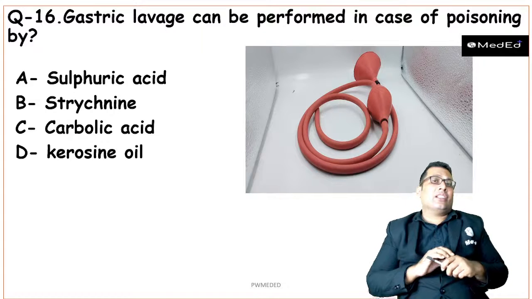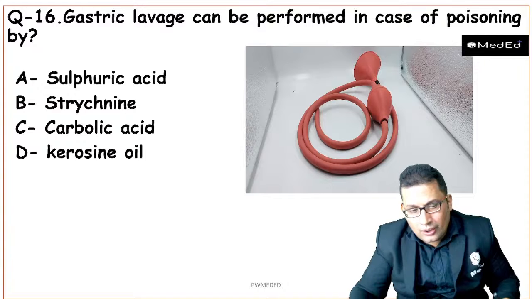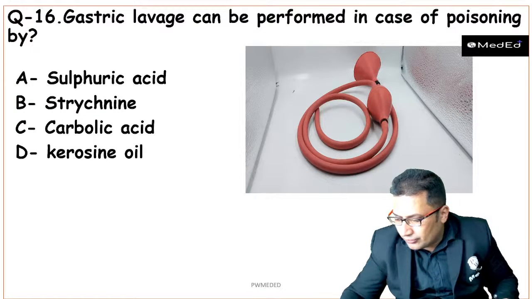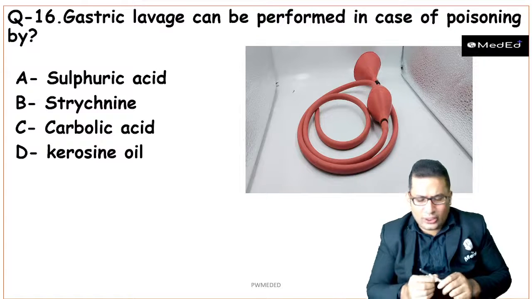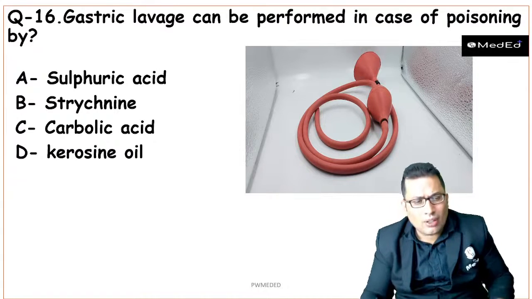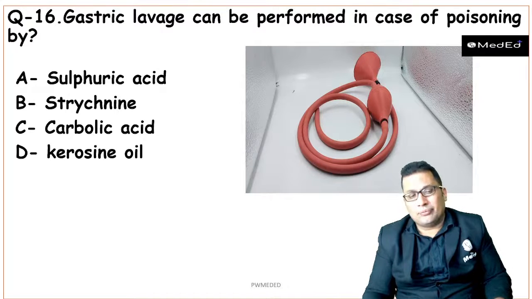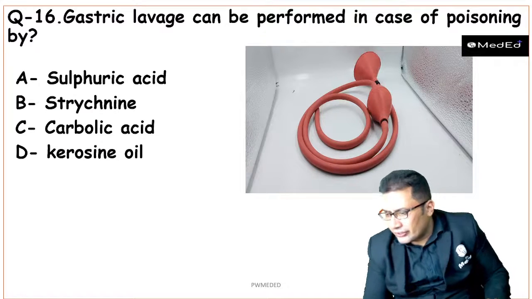Now we are discussing around 10 to 15 questions of toxicology. Now question number 16, about gastric lavage. Gastric lavage can be performed in case of poisoning by which of these?